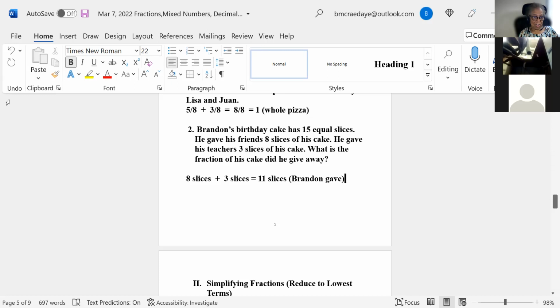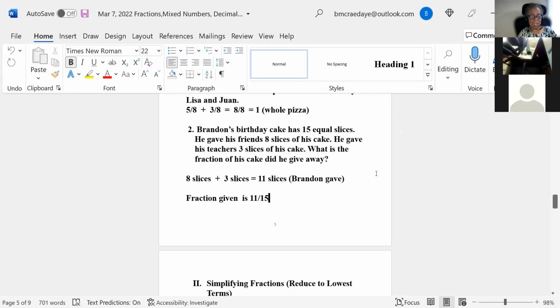So the fraction given is 11 over 15. So he gave 11 over 15 of his cake.